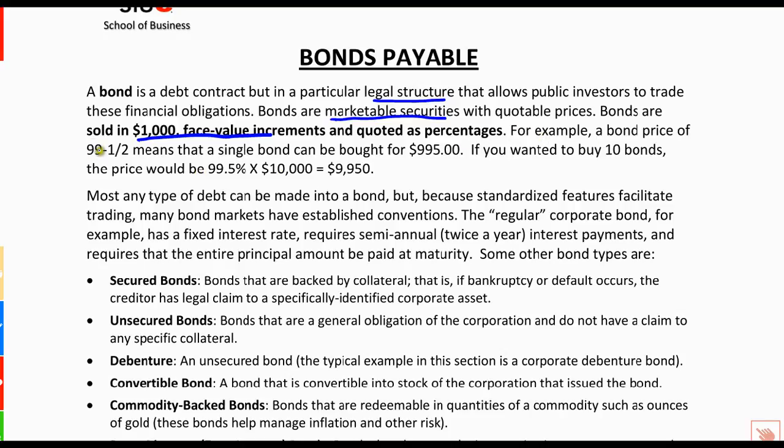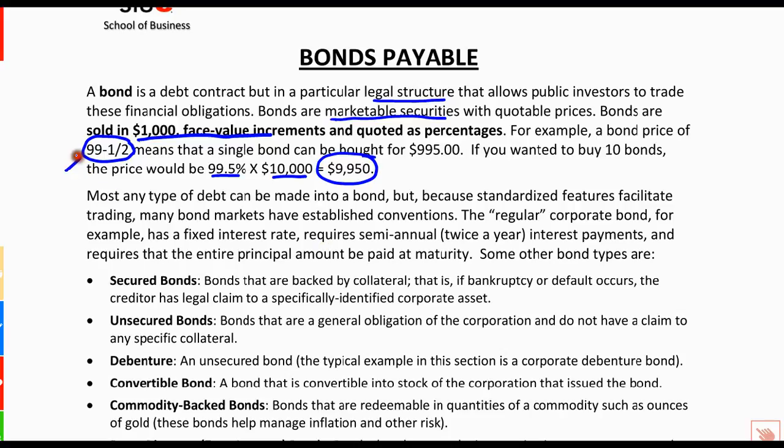So here's how bonds are quoted. They're quoted as percentages. In this example, 99 dash a half means 99.5%. So 99.5%, if you're going to buy 10 bonds, would cost you $9,950.